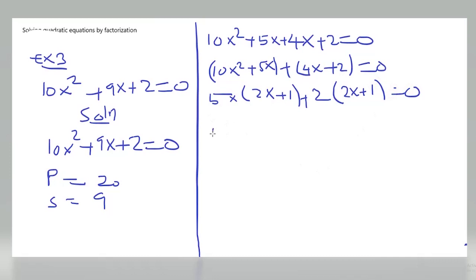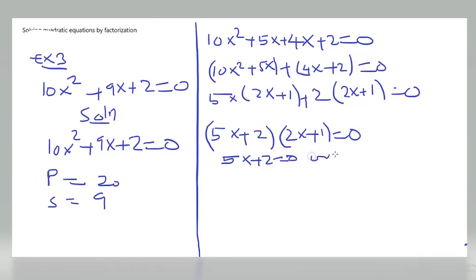Then with this, we remain with 5x plus 2, then 2x plus 1, which is equal to 0. Now it means one of the factors will be equal to 0. Therefore 5x plus 2 will be equal to 0, or 2x plus 1 is equal to 0.